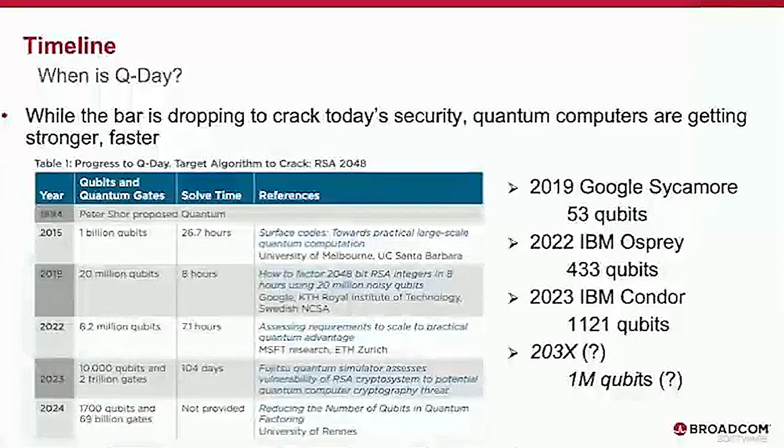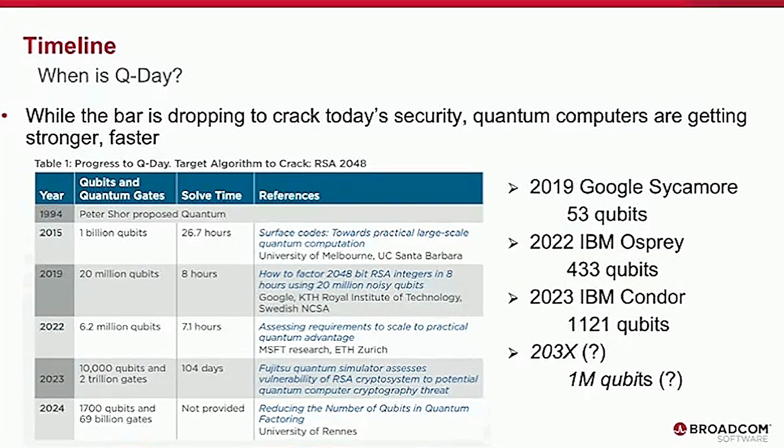To give you an idea of when that could be, here are a couple of indicators. So on the left side, what you see is basically research results from using Shor's algorithm in order to crack a standard RSA 2048. Some of this is theoretical, but you get the idea, right? In 1994 is when Peter Shor proposed this. In 2015, you have this research project that shows that in 26.7 hours with 1 billion qubits, you could break RSA 2048.